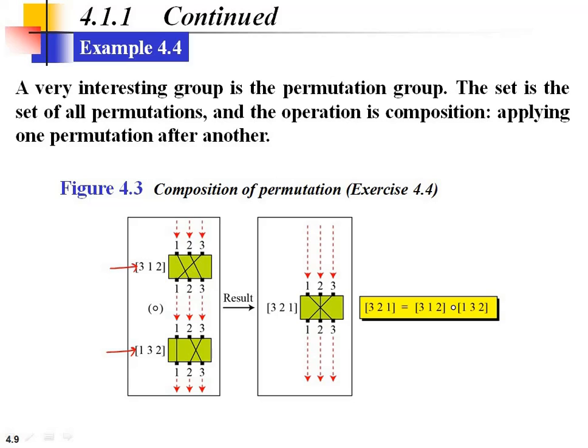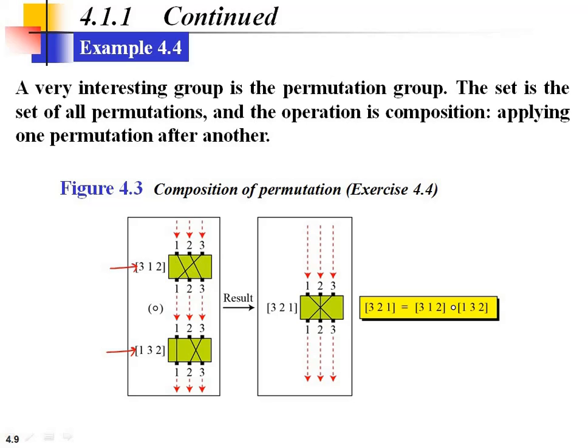Now you can see that the result of these two permutations, 312 and 132, is equivalent to the permutation applied in this order, 3 2 1. This property has a very important effect for cryptographic algorithms. Apart from this, let us first see that it satisfies all the properties. The composition operation satisfies the closure property.